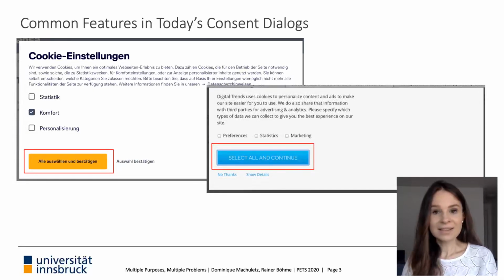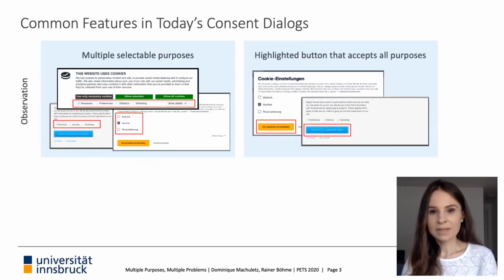This button does not increase choice options, but rather has the potential to trick users into accepting all purposes against their will. After observing these patterns in consent dialogues in late 2018, we were interested in which way these features influence users' effective choice and also their thoughts and feelings about the interaction. So we decided to conduct a user study to find out.